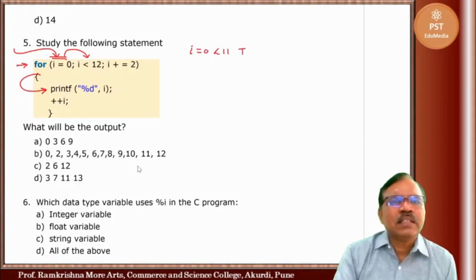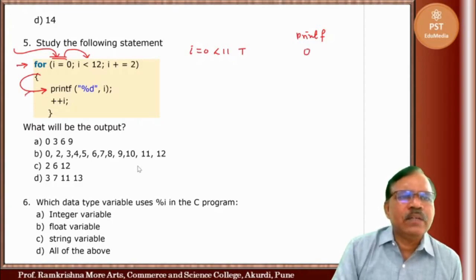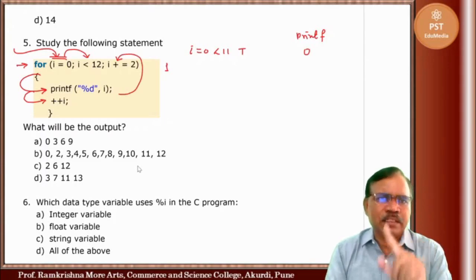So what happens? It enters the loop and the first statement is printf i. So it will print 0. Then it will go to this plus plus i. So i is 1 now. Then it goes to expression 3.